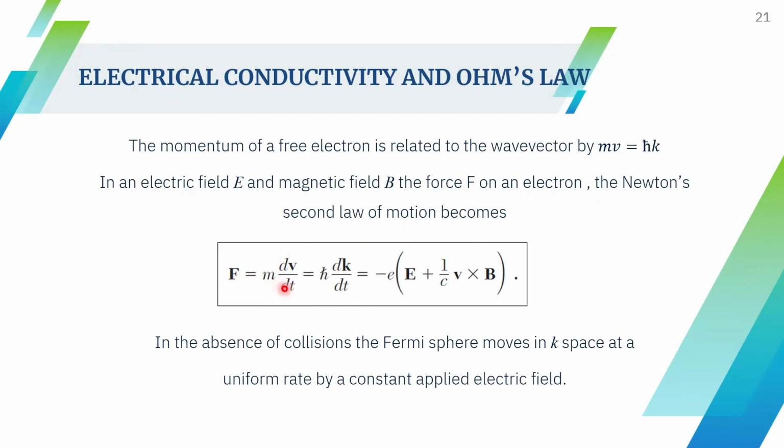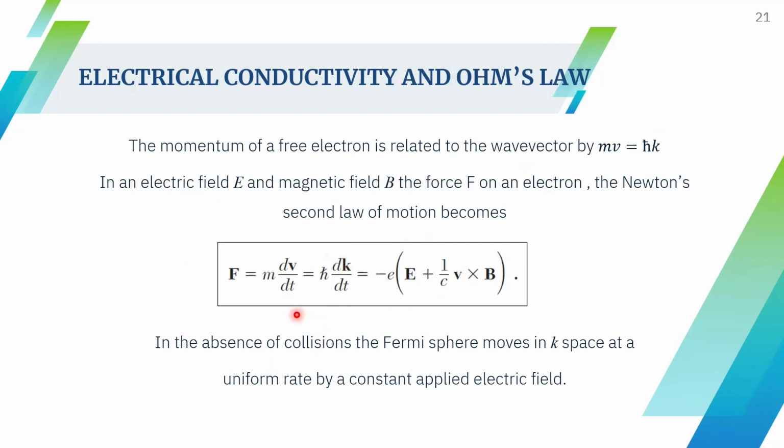Before that, we know Newton's second law: F equals mass into acceleration, so F equals mass into change in velocity by change in time. I will substitute the above equation, so I will get ħ dk by dt, which equals minus e into E plus 1 by c into v cross B.